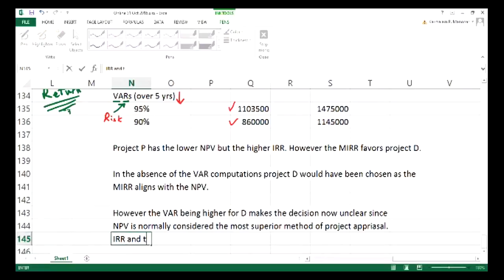IRR and VAR computations are going against the NPV.